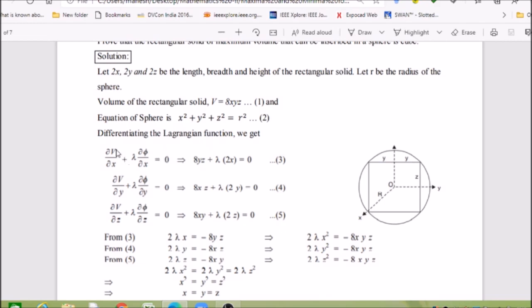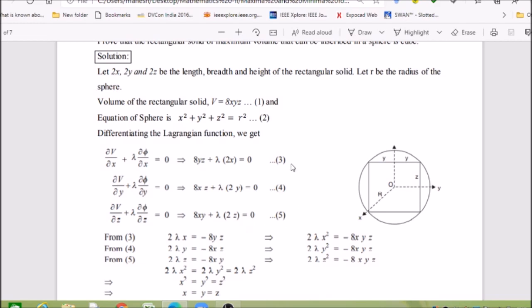We get dou V by dou x plus lambda into dou phi by dou x equal to 0. That is, differentiating this with respect to x, we get 8yz plus lambda times 2x is equal to 0. That is equation 3. Similarly, if you differentiate with respect to y and with respect to z, we get equation 4 and equation 5.